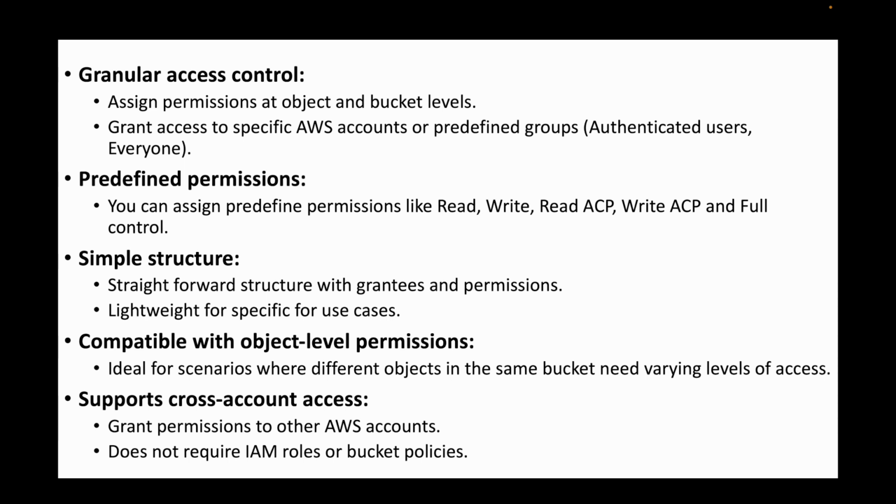For more robust and flexible access control, you should consider using IAM policies or bucket policies. By understanding the strengths and limitations of S3 ACLs, you can leverage them effectively in your AWS environment to meet your application's unique needs. So that's about ACLs, another mechanism that we can use to control access to your data in your S3 buckets.